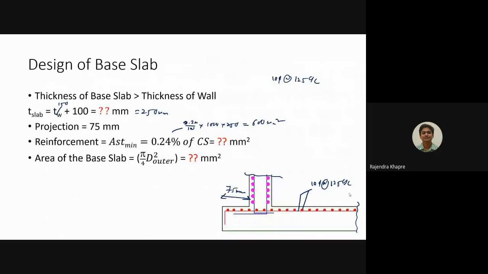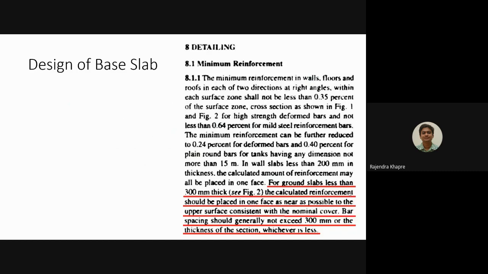There is a clause of minimum reinforcement for the design of base slab. I have already underlined it with the red color. It says for a ground slab which is less than 300 mm thick, which in our case is 250 mm thick, the calculated reinforcement should be placed on one face as near as possible to the upper surface consistent with the nominal cover.